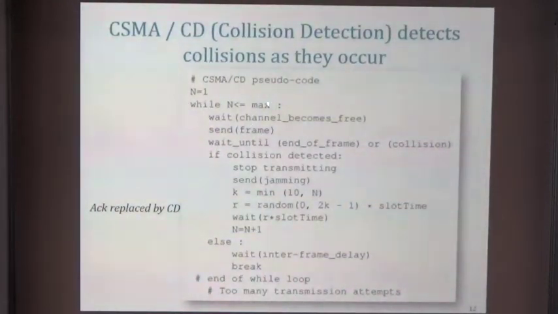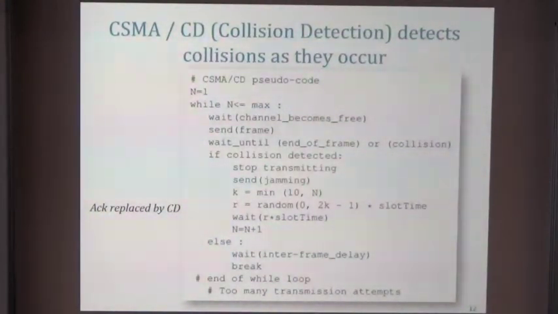So while we have something to send, we wait until the channel becomes free. That means we listen to the channel, and when we sense that it's idle, we send the frame. And then while sending the frame, we continue to listen and wait until the end of our transmission occurs and see whether we can sense a collision.